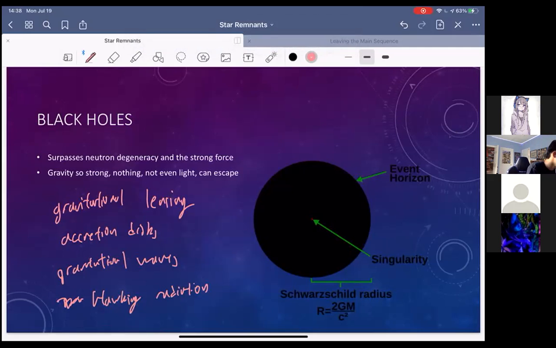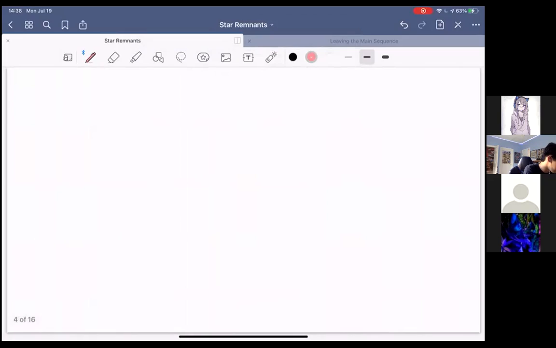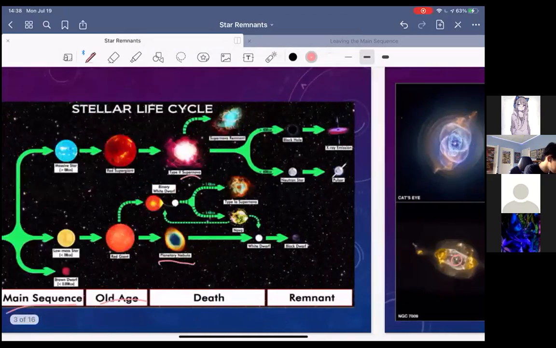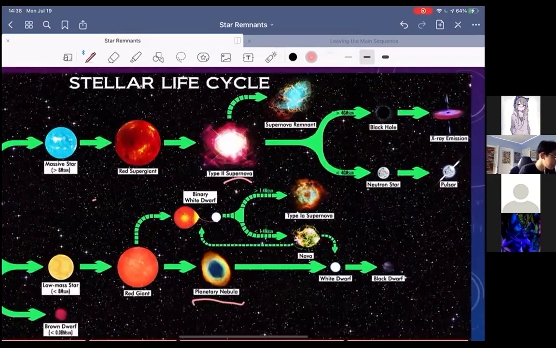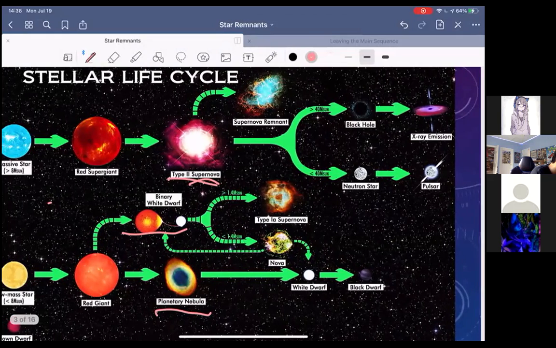All right. That will be the end of class for today. We've now covered almost everything on this chart. We still have a few more things left, like binary white dwarfs and types of supernovas, but we've covered almost everything here.